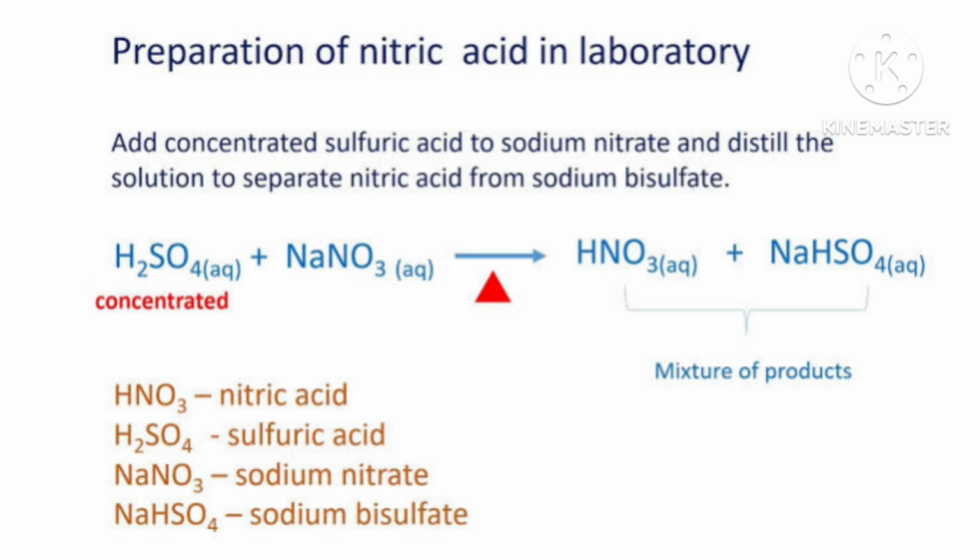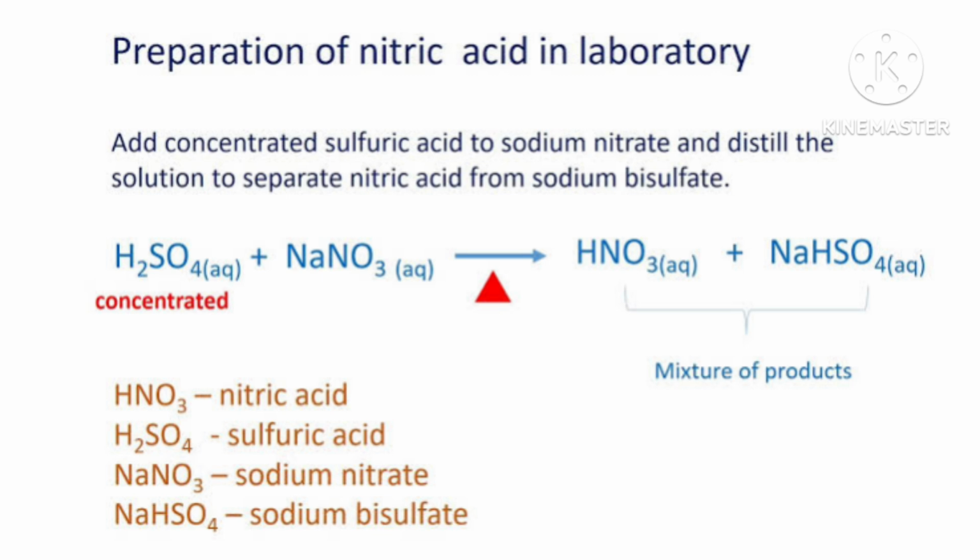To calculate I: I plus (minus 6) is equal to minus 1, so I is minus 1 plus 6, that is plus 5, meaning it lost 5 electrons. Like that you can calculate the oxidation states, and you will find it is oxidized.